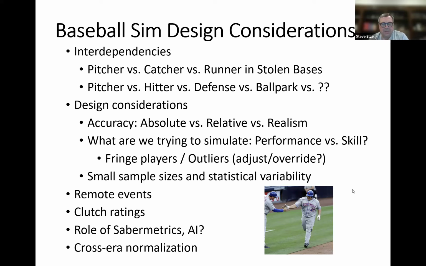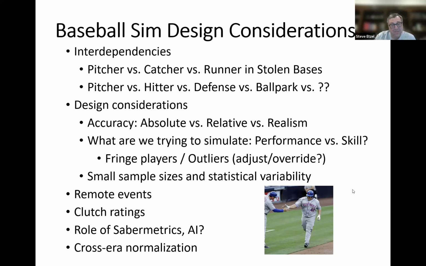A key one, which I have a slide for, is what are we trying to simulate? Are we trying to simulate the player's performance in the actual season, or some measure of underlying skill? And related to that, what do we do with fringe players or outliers or what have you? And then I'll talk about remote events and then the one bullet point at the bottom.